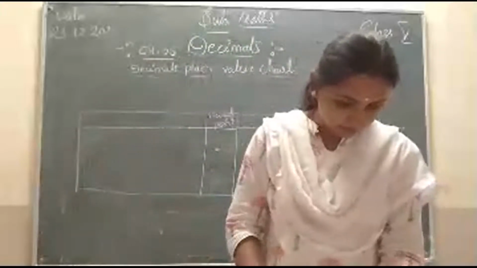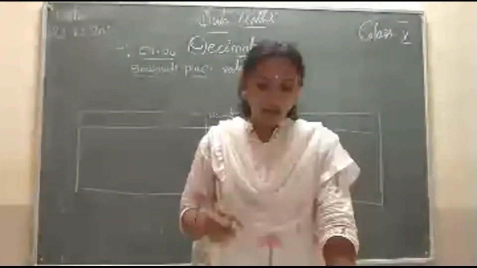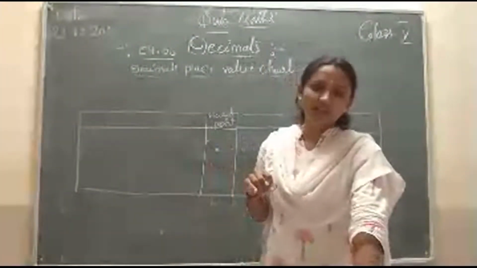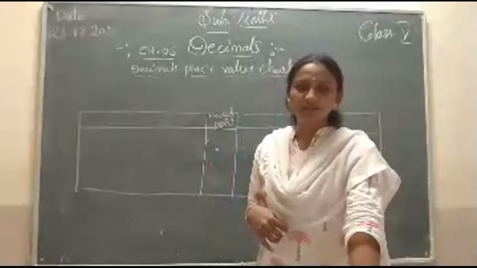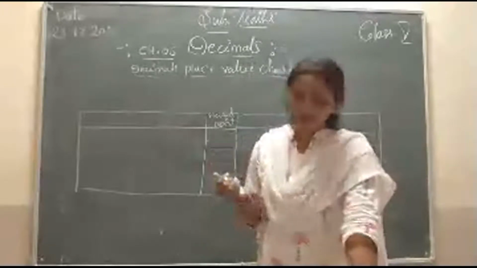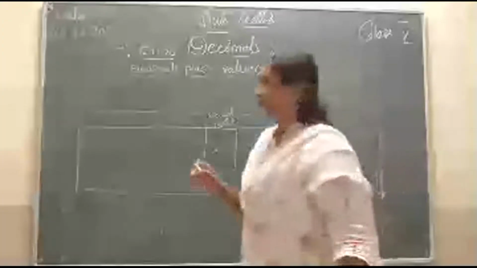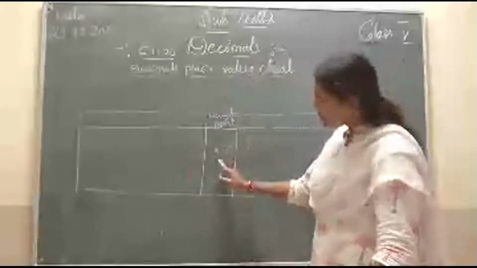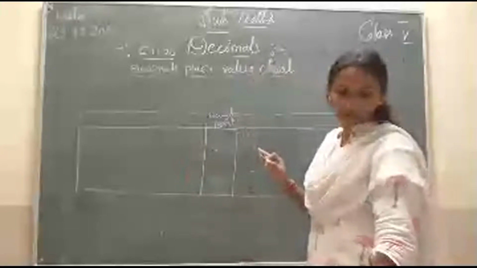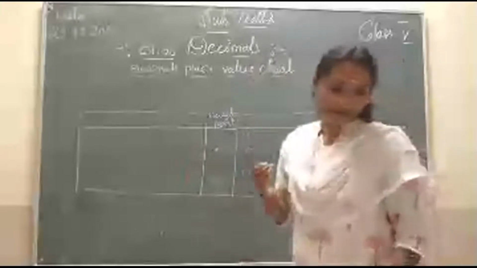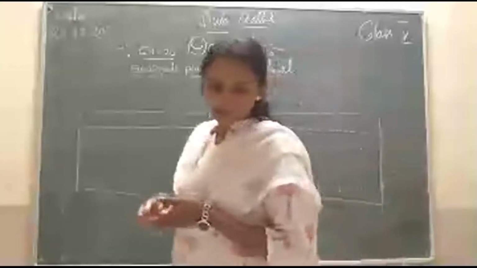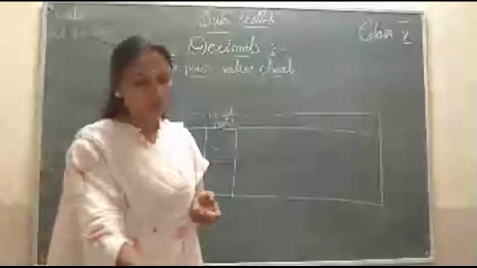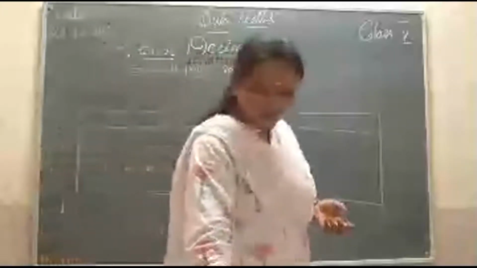So next, we have that place value chart, which is especially in two parts of the decimals: the whole part and the decimal part. Students, in the first place afterwards, that means in the decimals afterwards, the first place is got by dividing the number by 10.